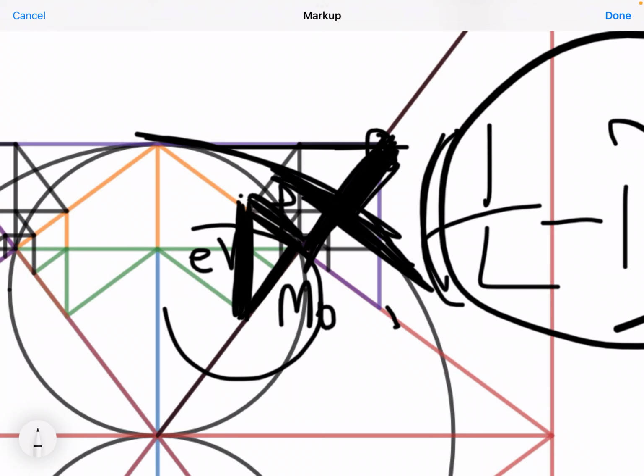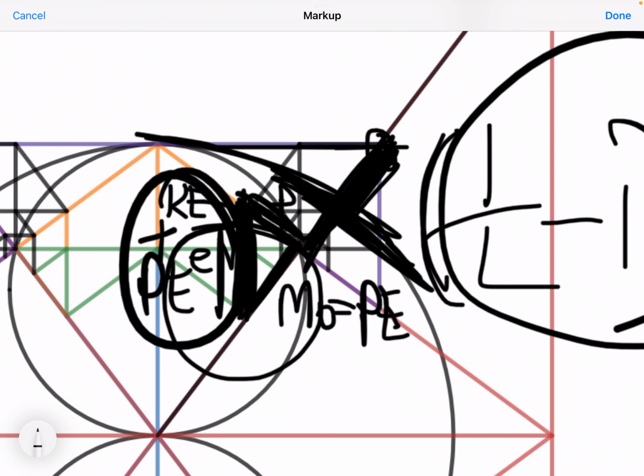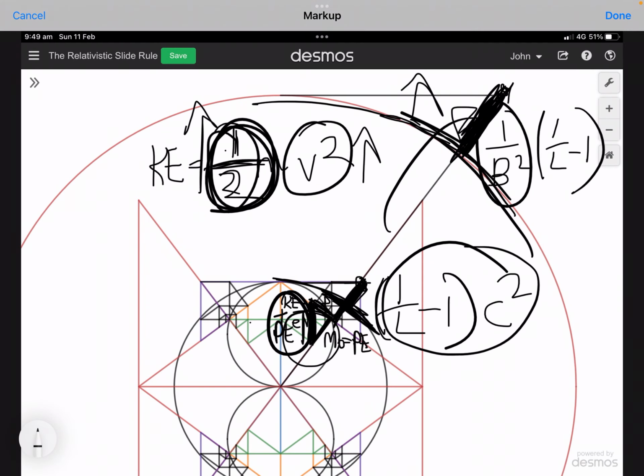And so what they do is they put a circle through, and then this little bit here is the kinetic part, and this is the potential energy, which is this little bit here. So you got potential plus kinetic equals the total energy of the particle. Okay, but here it is on the relativistic slide rule. It's just a little part of the relativistic slide rule.